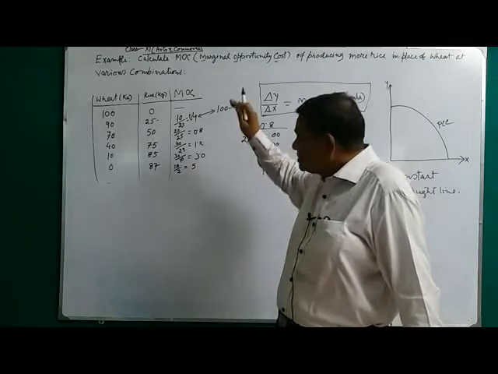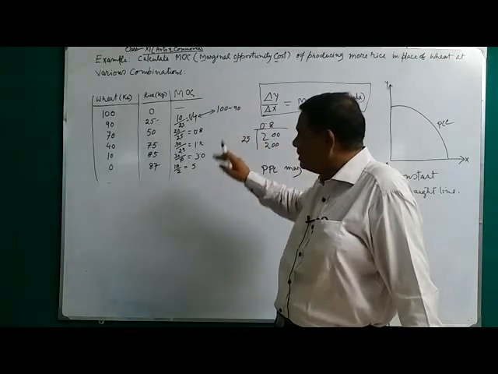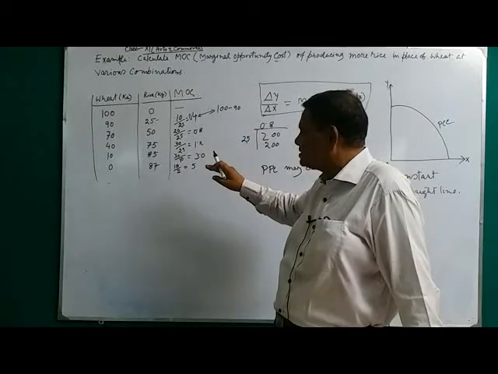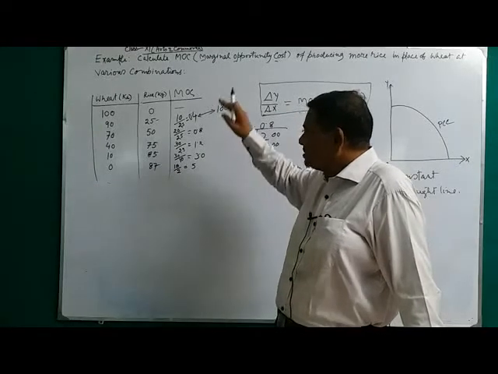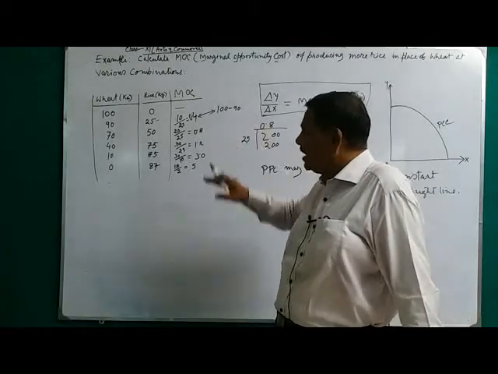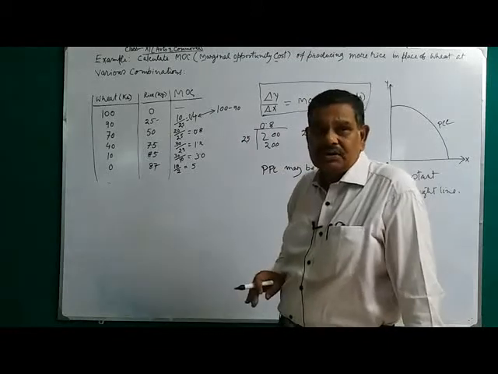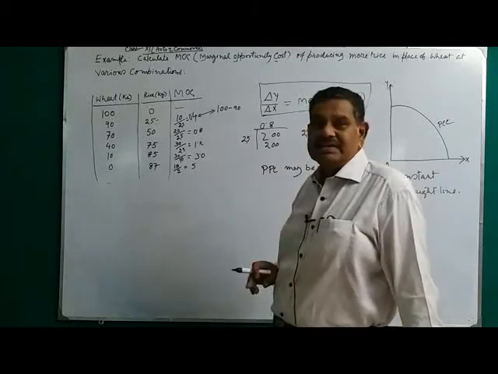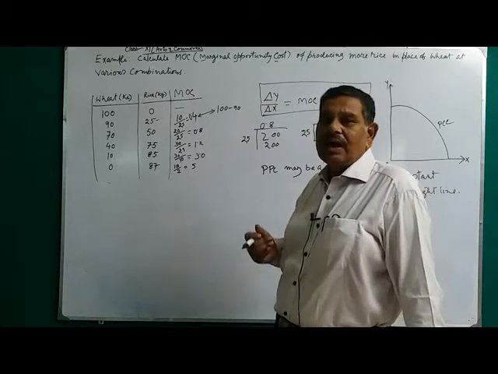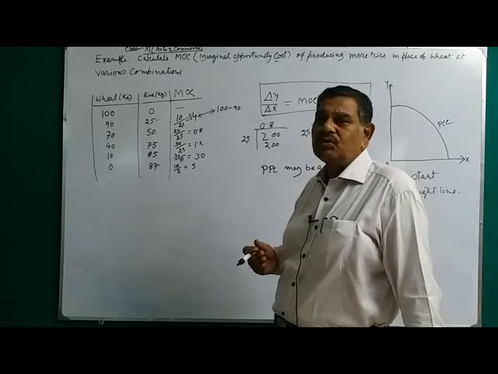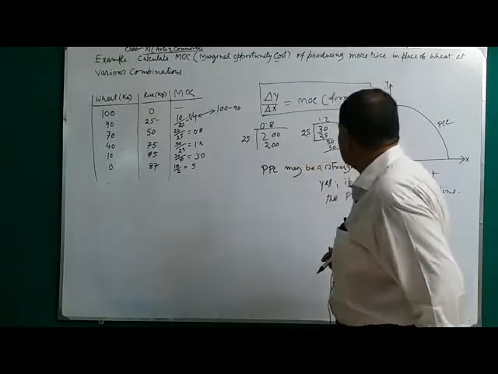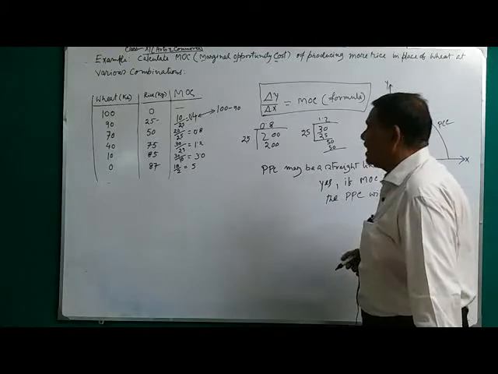The sacrifice of wheat is increasing at a greater rate in order to get more and more rice. If you want more and more rice, you have to sacrifice more and more wheat. This is marginal opportunity cost or marginal rate of transformation.